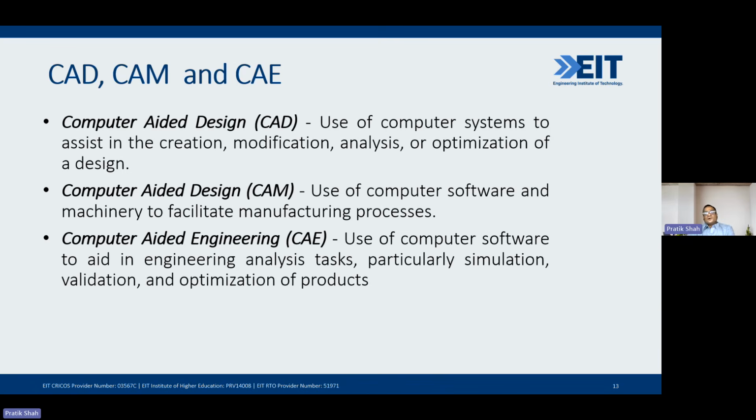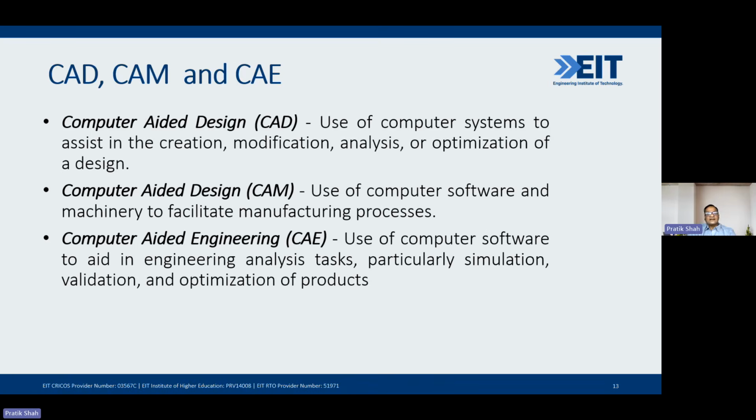Whereas computer-aided engineering is the use of computer software to analyze the particular domain, basically used as a simulation tool to optimize products. We will be going into the details of each of them.